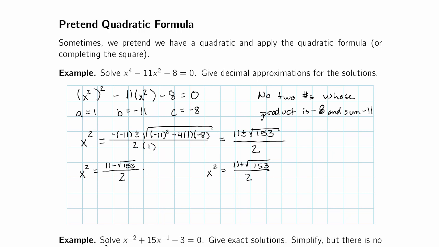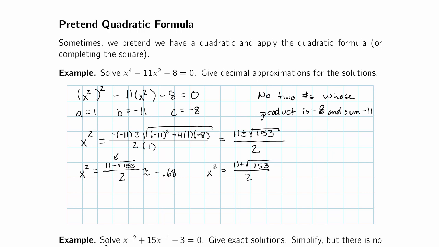Now, let's take a look at decimal approximations for these numbers. If I take this and put it into my calculator, I get the decimal -0.684 approximately. And I get the decimal 11.68 approximately.